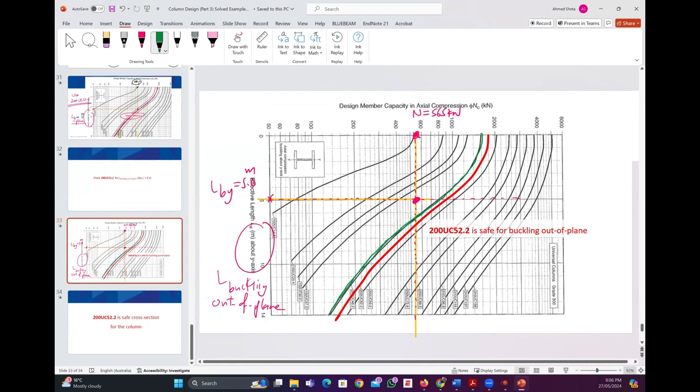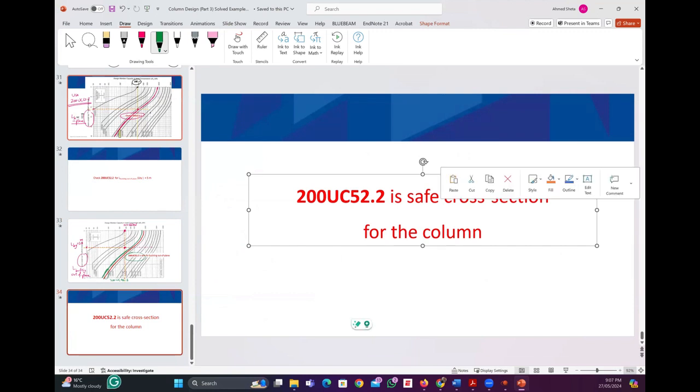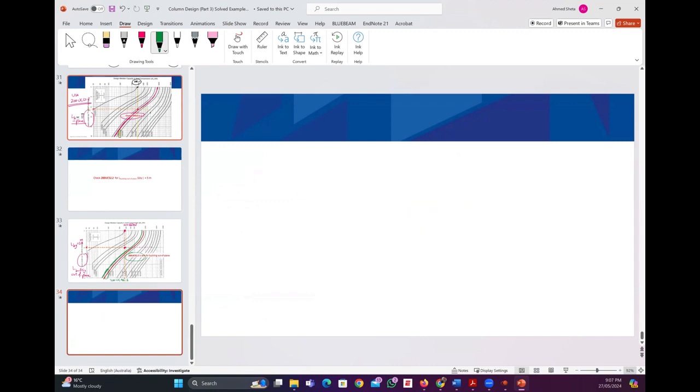So why did he choose the red one? From this chart, we need to use 200 UC 46.2, right? Are you still with me, guys? Yep. So for LBX and N, we will use 200 UC 52.2.